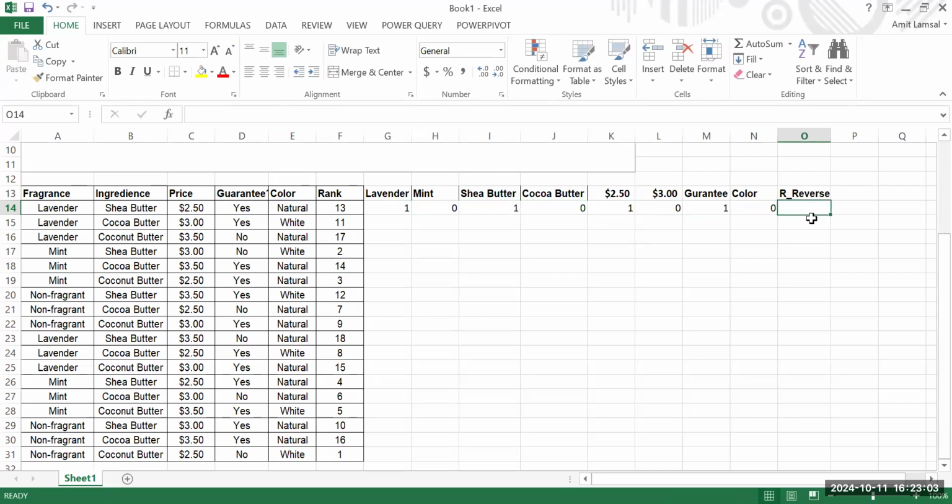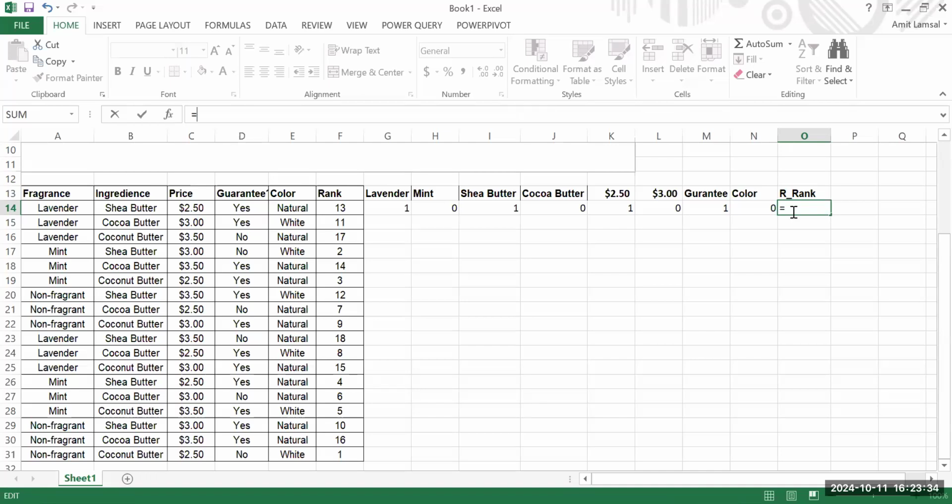So for the reverse rank, oh sorry, I put it here differently. For the reverse rank, just put it here. Our highest rank given is 18, right? So our reverse rank formula will be the highest rank given plus 1 minus the required cell that needs to be applied.